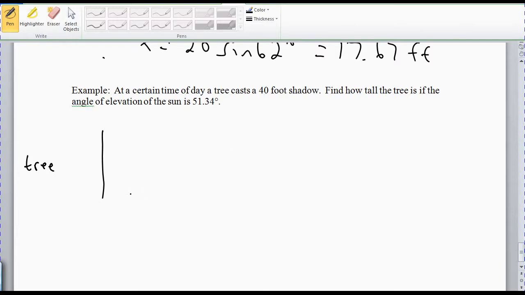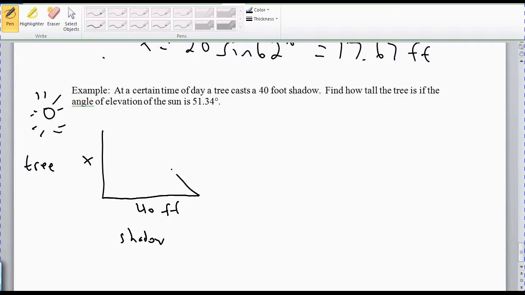It's going to cast a 40-foot shadow. So imagine the sun is up here, and it's casting a shadow from the tree. And that shadow is 40 feet. So this is the shadow. We want to know how tall the tree is, so we call it x, if the angle of elevation of the sun is 51.34 degrees.